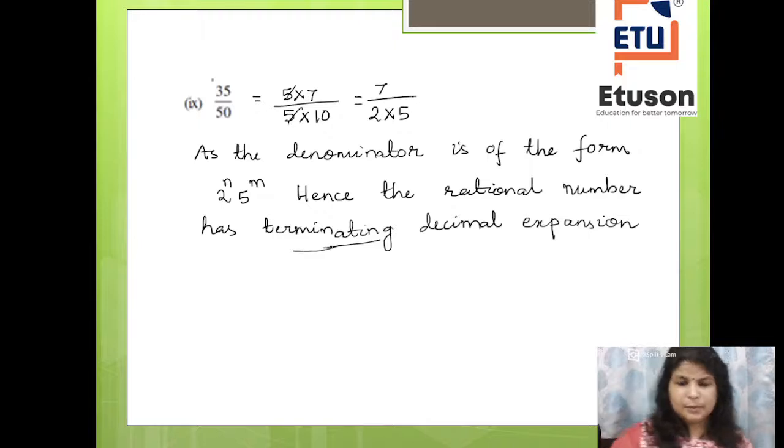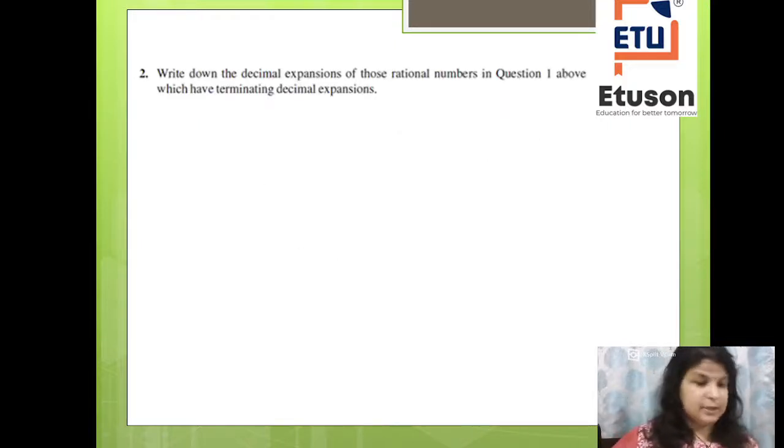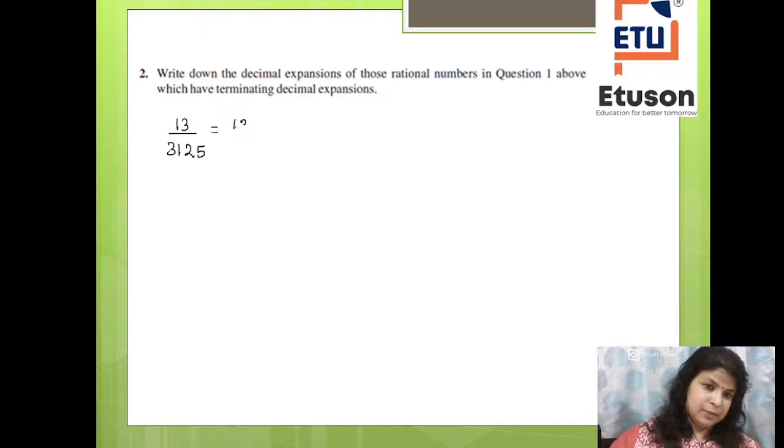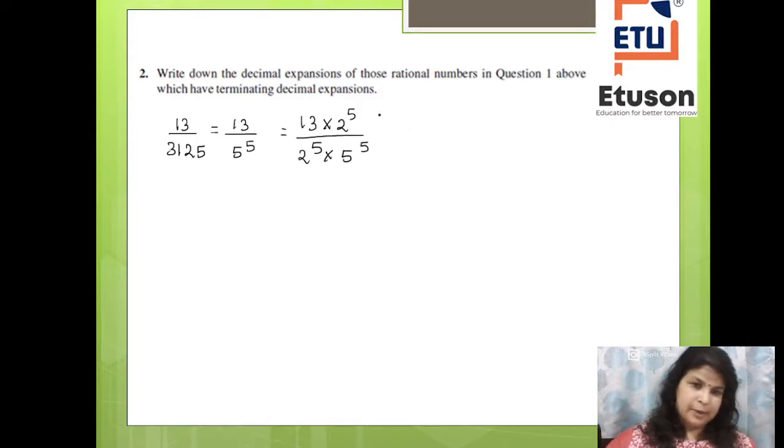ये दोनों का अभी हम डेसिमल एक्सपेंशन निकालेंगे। जैसे कि तुम्हारा पहले क्वेश्चन का था, bit 1 का था 13 divided by 3125. So what we had done previously, we had written in this form, that is 13 divided by 5 to the power 5. So in order to get 10, we have to multiply 2 to the power 5 at the bottom also, so 5 to the power 5. So your answer becomes 13 into 32 divided by 10 to the power 5.